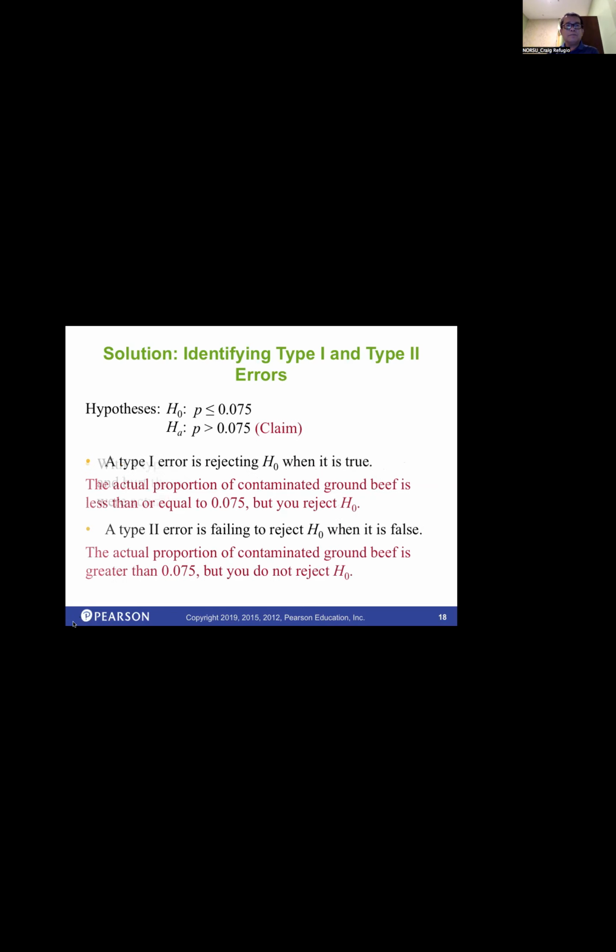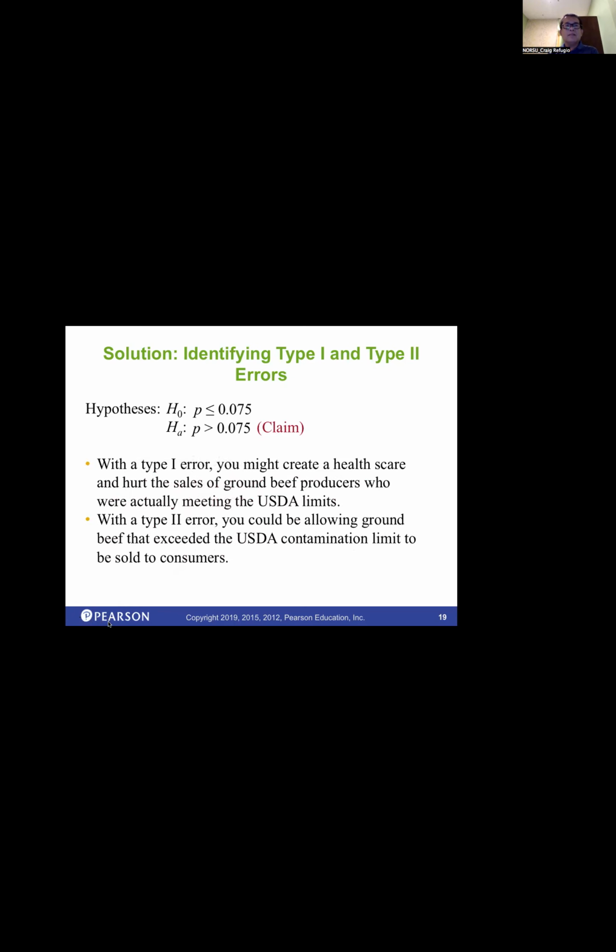Because a type 2 error occurs when you fail to reject H0 when it is false, and the actual proportion of contaminated ground beef is greater than 7.5%, but you do not reject H0. If you fail to reject H0, that means you accept H0. So the beef is being sold to consumers because it is not rejected, even if the salmonella contamination is greater than 7.5%.